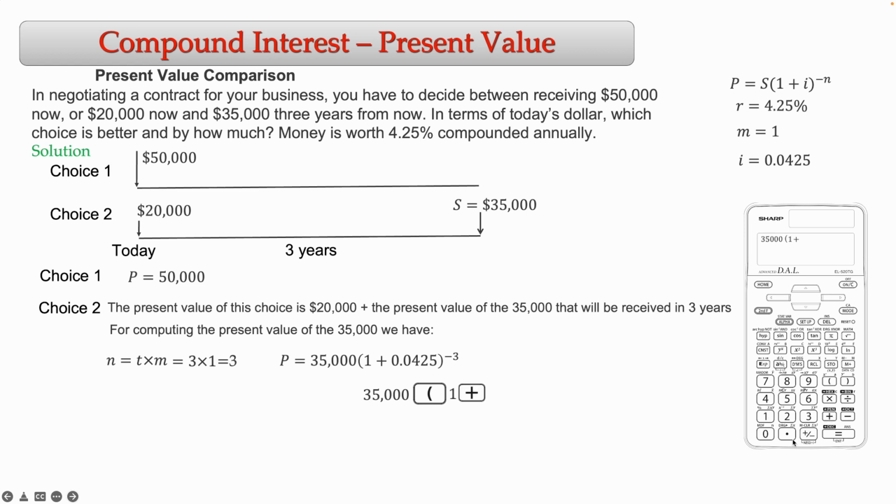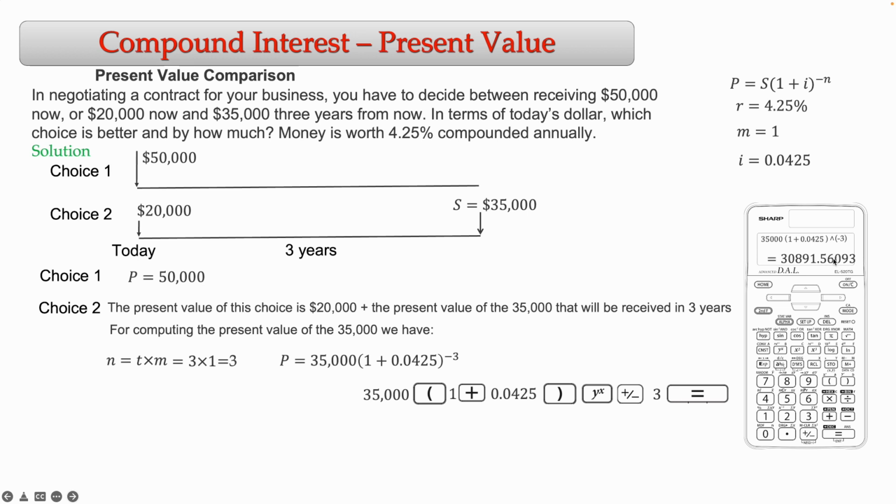plus 0.0425, close bracket, and then raise this to the power negative 3. I type this key, negative 3. And then press equal. So you do that, and the answer that the calculator gives you was 30,891.